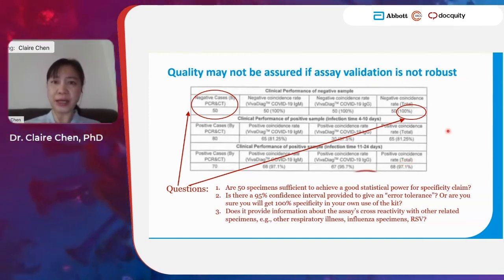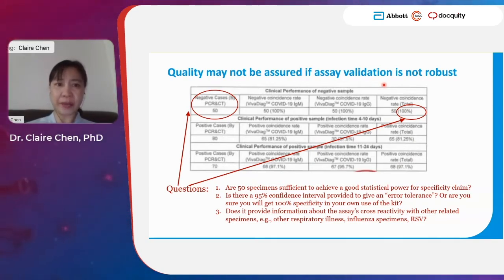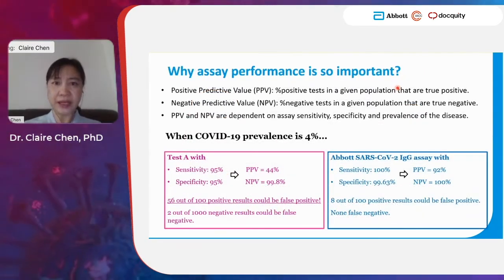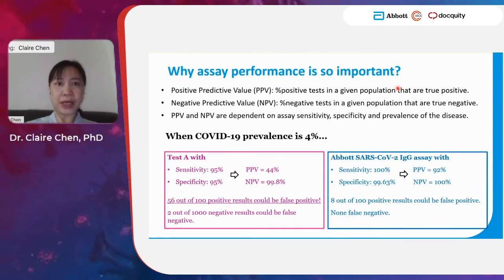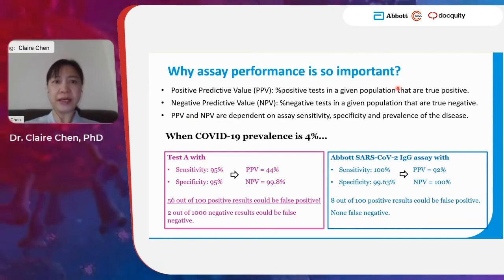That's why assay validation is really important to make sure the assay can perform as claimed or as intended. Again, this is about the quality and performance of the assay and why it is relevant to your day-to-day work and clinical utility.